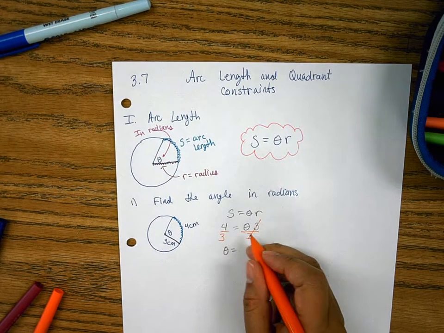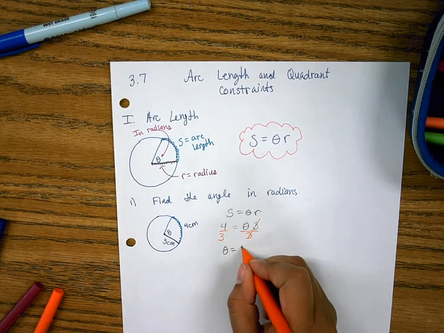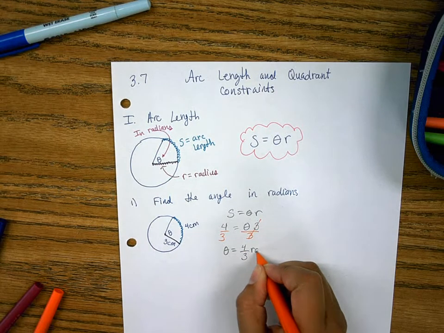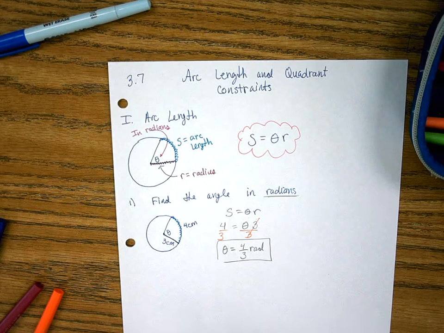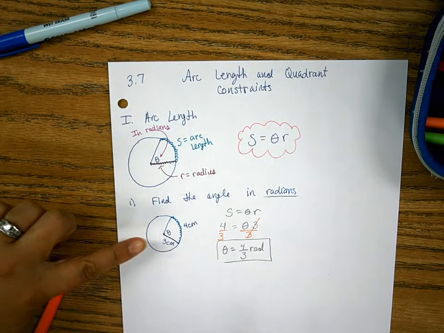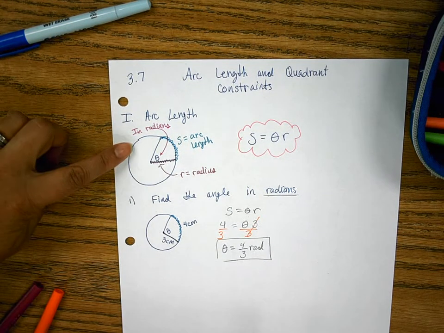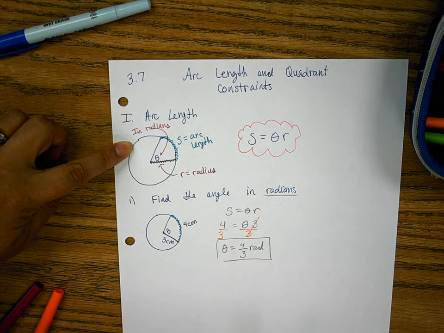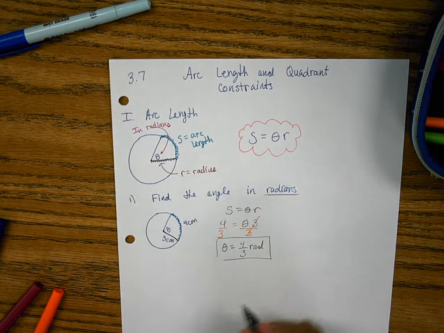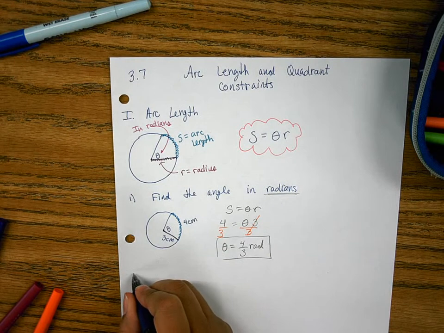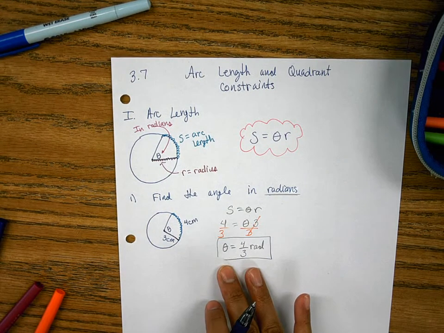You may not say it or write it, but it is in radians, because this formula is set up so that theta will always be in radians. So 4/3 of a radian.